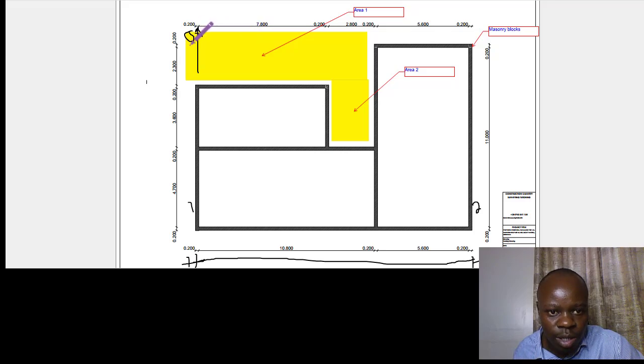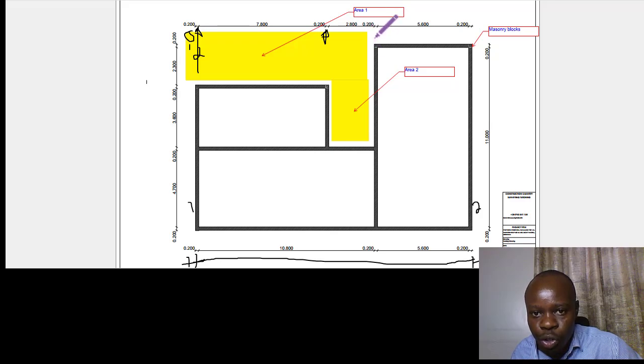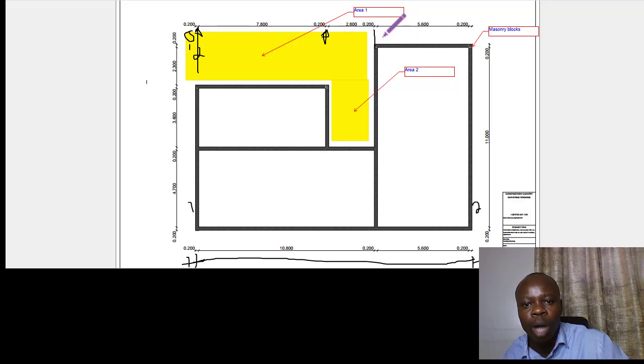We have that first 200 for the spread, then this 200 for the wall, and then 7,800 up to this point, and then we have 2,800. 2,800 is supposed to reach the edge of this wall, but we are not supposed to reach there because the spread for that other side is going to occupy that given area. So we need to get this total, add the 2,800, but then subtract 200 for it. The 200 is for this particular spread.